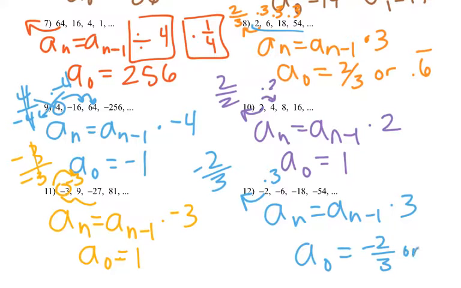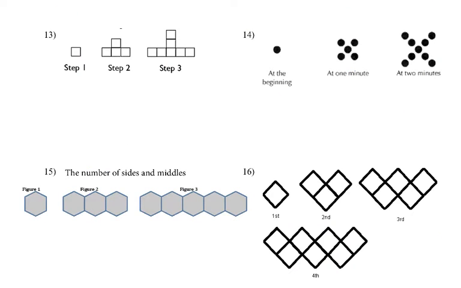Or we could write that as the decimal, negative 0.6 repeated. Okay, and that's all there is to it when we're dealing with these sequences. With a story problem we can create sequences, and even a pattern we can create sequences. We can kind of do the same thing, basically, with these, okay?